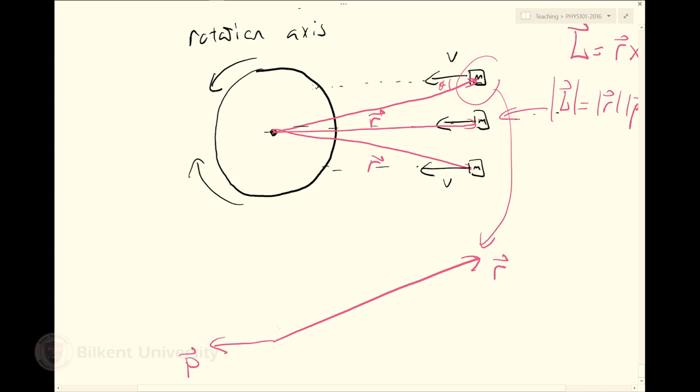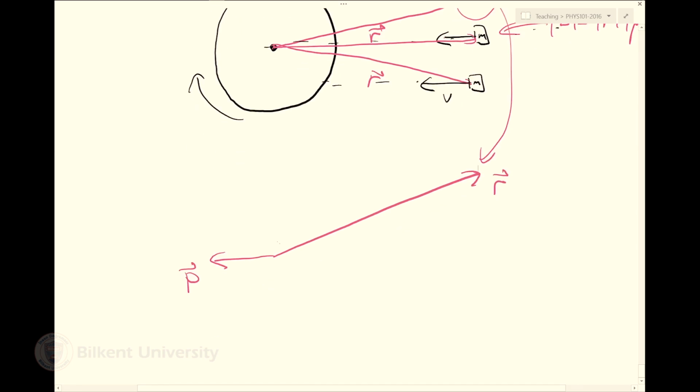Which way should I rotate it? I rotate it so that I can close my hand towards the second vector. So my thumb points along R cross P. If you're having trouble here, in Physics 102, you'll have much more trouble. We'll have 4 different right-hand rules in Physics 102. So R cross P.